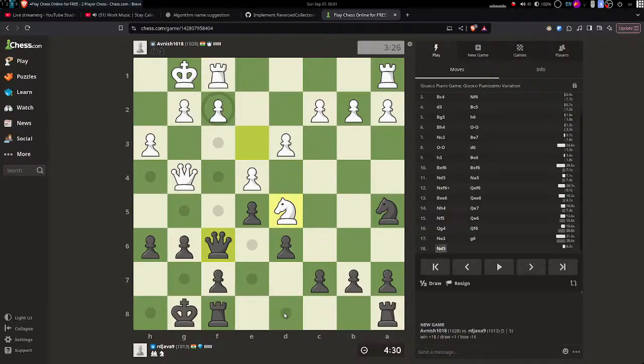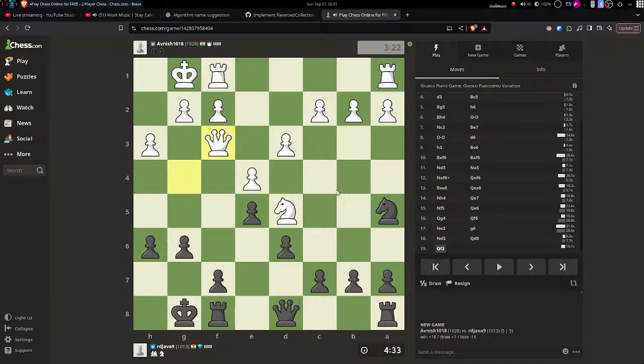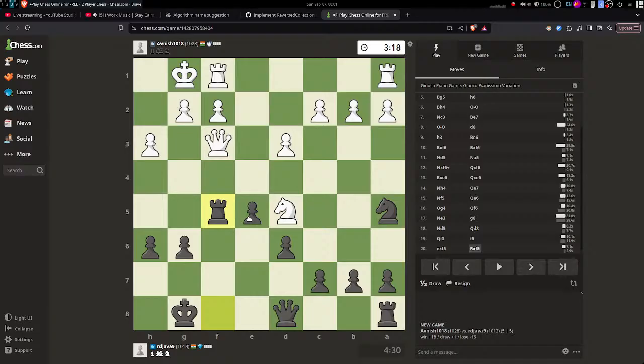Fine. I have to go back that way, and then my knight would have some real problems. Oh, he wants to come here, and I do not want that. So maybe this way I can also try opening the position, but my king is now really unsafe, really, right?